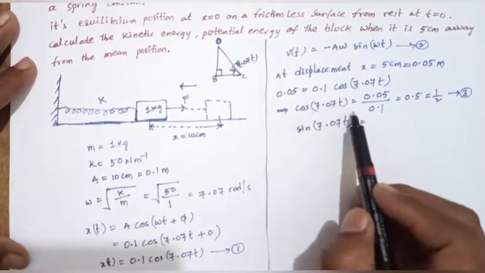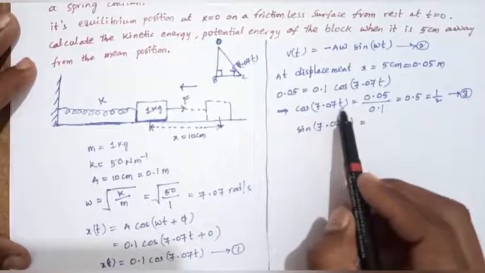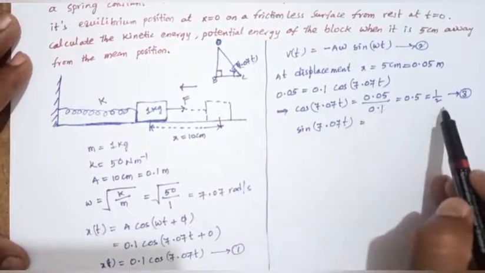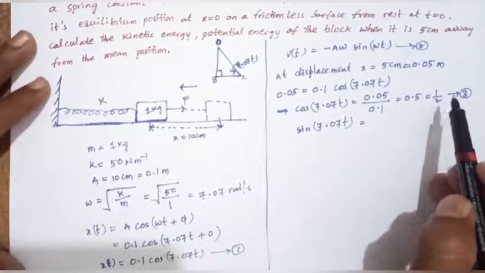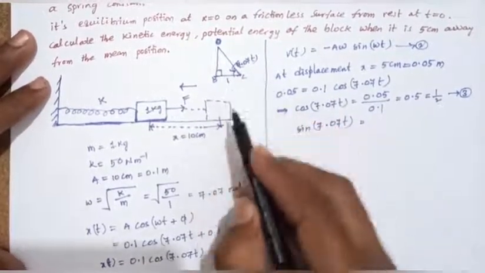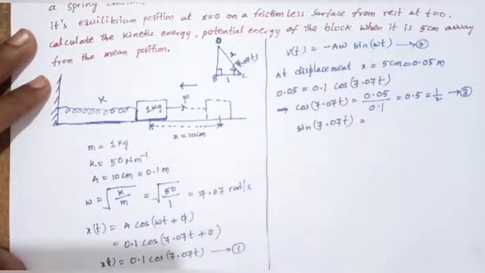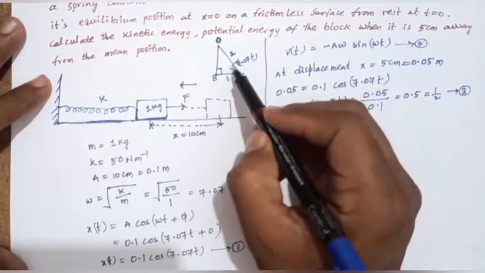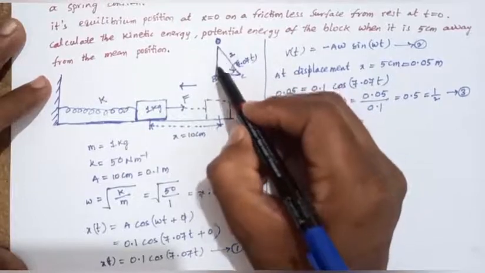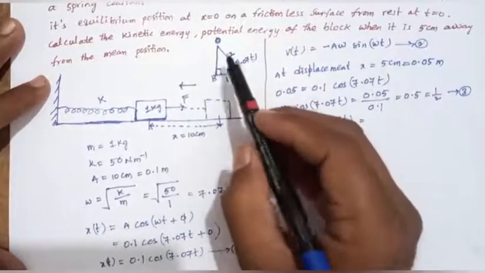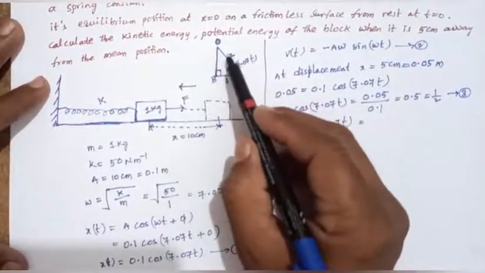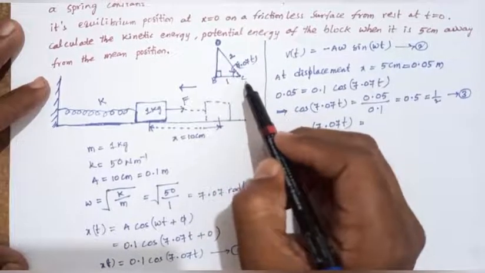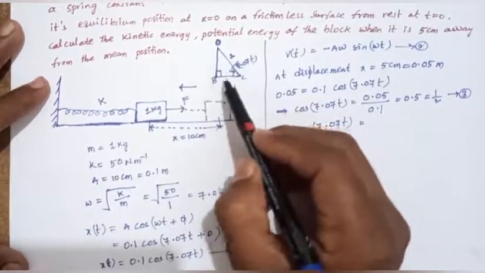Already cos 7.07t equals 1 by 2, so the hypotenuse is 2 and the adjacent side is 1. So what is OB?